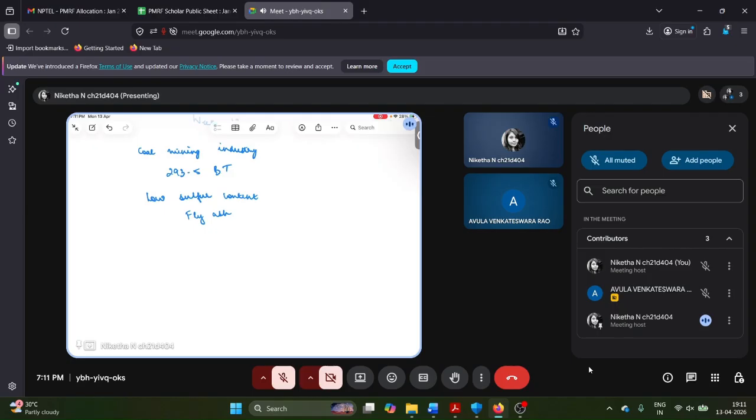And along with the gases, fly ash will be produced. So fly ash is actually a type of ash. There are different types of ashes, bottom ash and fly ash. Bottom ash will stick to the bottom of the furnace, but fly ash generally comes out of the stack along with the gases. So it needs to be trapped at the exit of the stack.